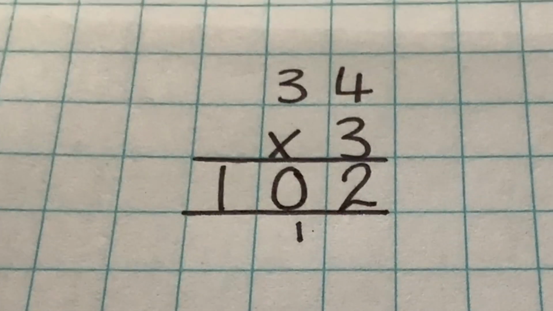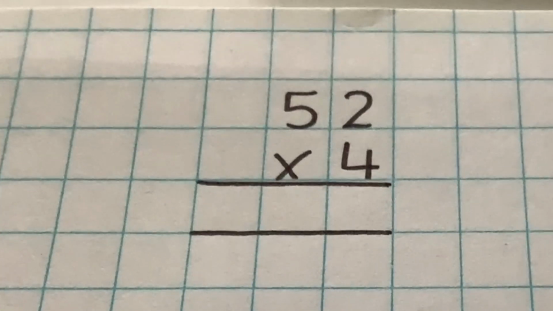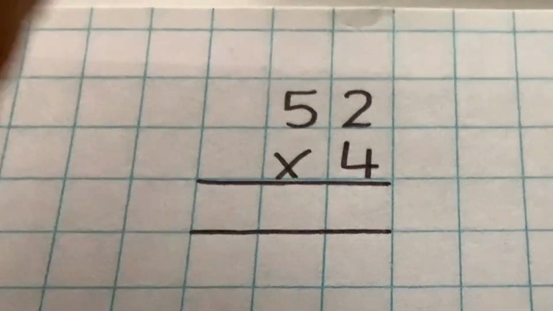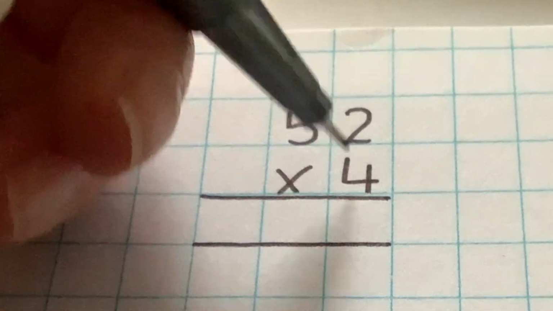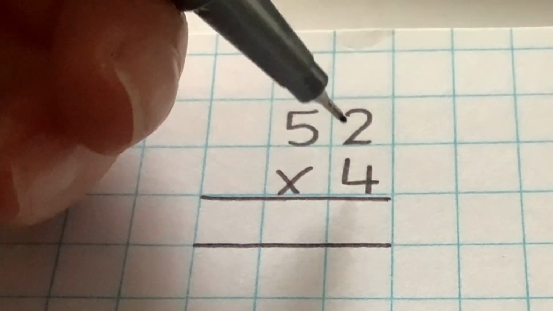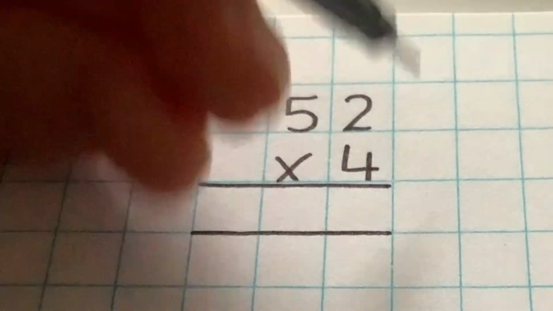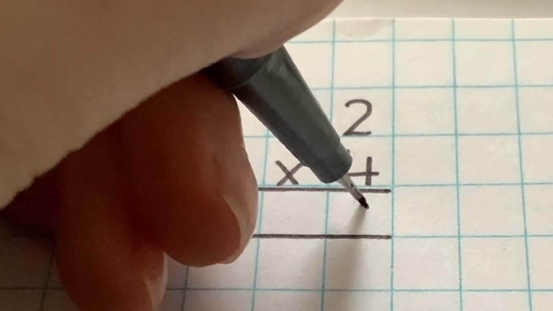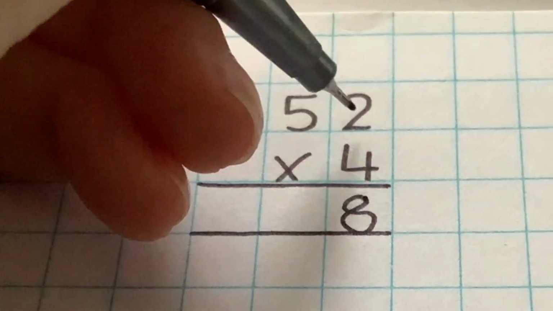Okay, one more example. Let's have a little look. 52 times 4. Set out just like before, and as before, I'm going to multiply the units first. 4 times 2. 4 times 2 is 8. Remember, you can always do the switcher. If you don't want to do 4 times 2, you can do 2 times 4.